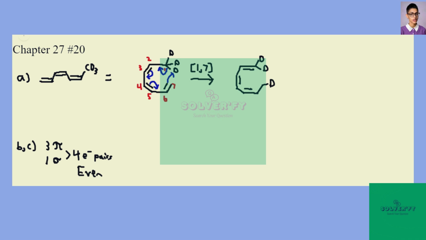And then we can take a look, and under thermal conditions, for an even number of electron pairs, we're going to have antarafacial.